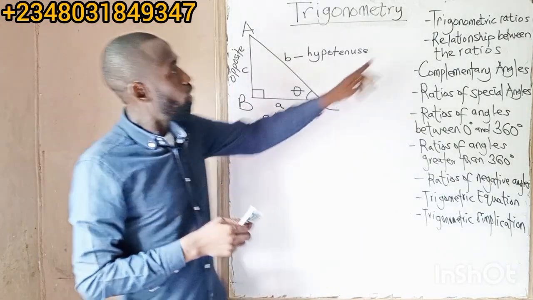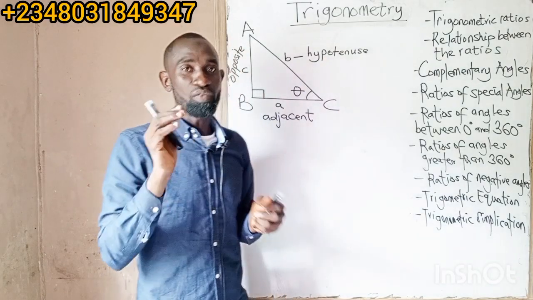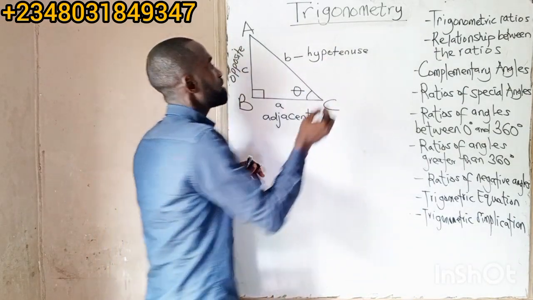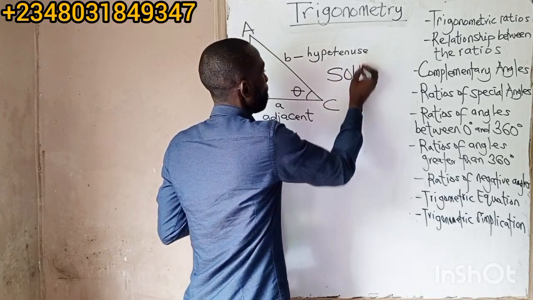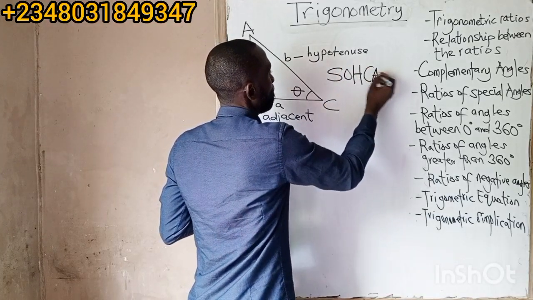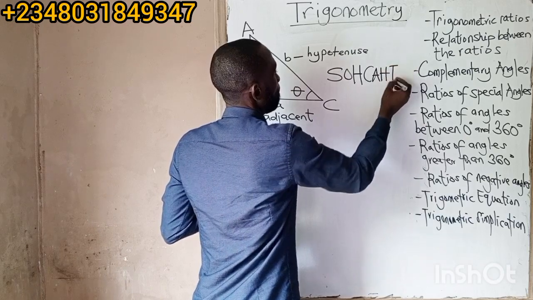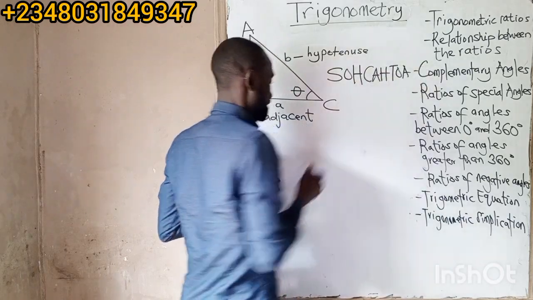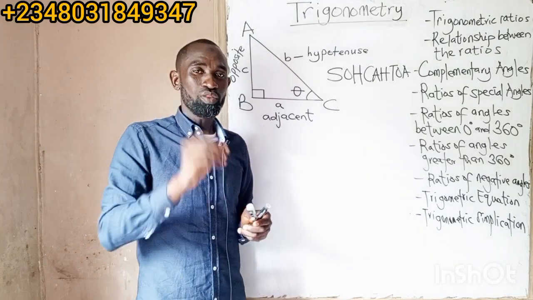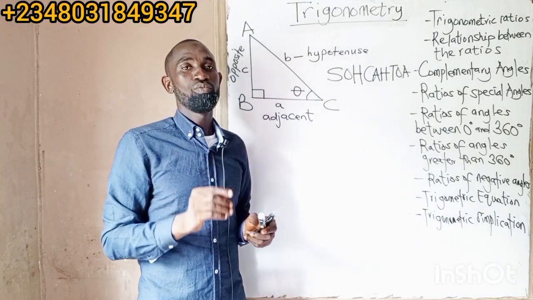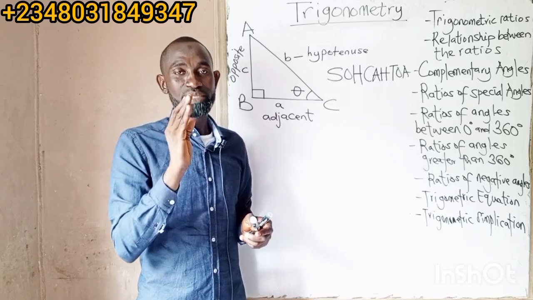Under the trigonometric ratios, we have 6 of them. We are going to be using an acronym that we call SOCA 12. Now, class, listen. If I want to solve a question under right angle triangle, it can be done in two ways.